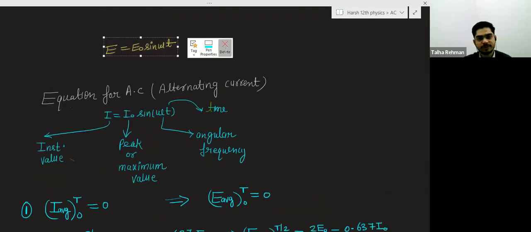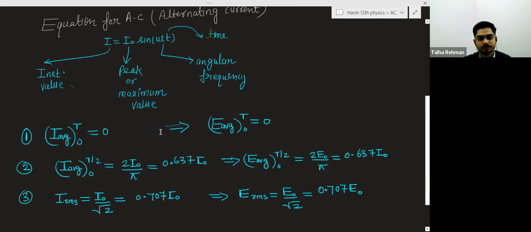The equation of the EMF you already know. This 0 to T is representing the average value of the current for full cycle. 0 to T by 2 is representing the average value of the current for the half cycle.